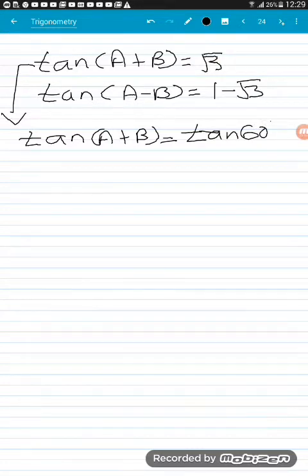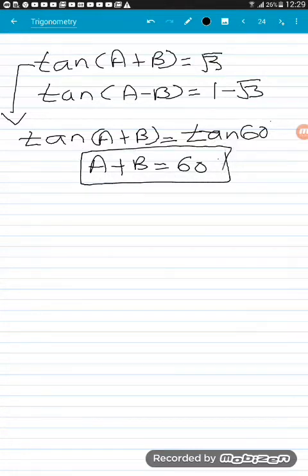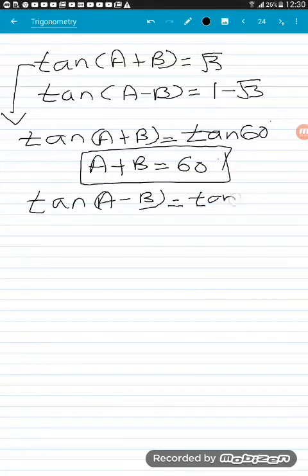So this tan and this tan can cancel, so A plus B equal to 60 degree, and tan A minus B equal to 1 minus root 3 is written. There is nothing related to 1 minus root 3 in our textbook.